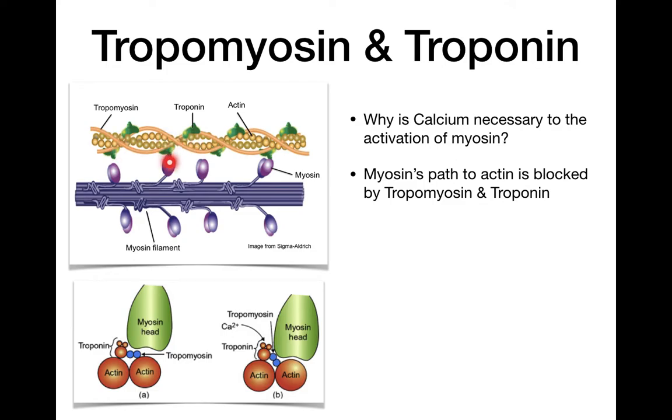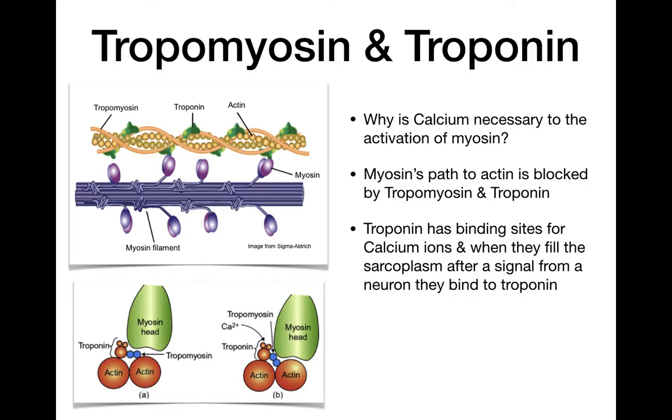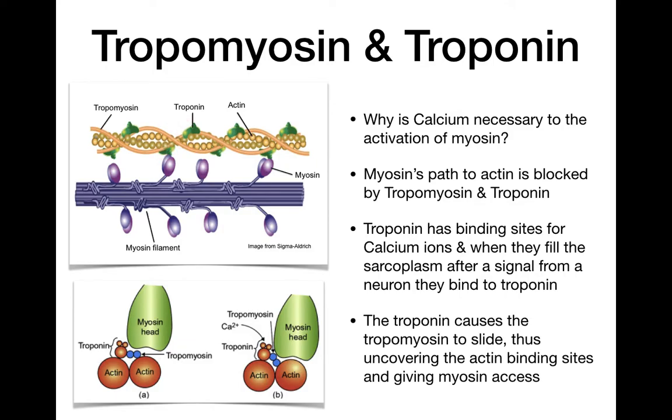It can't physically attach. So what happens is the troponin, these green ones, have binding sites for calcium. When calcium is released, it's going to bind with troponin and cause the whole thing to change its shape. And when it changes its shape, it's going to uncover the binding sites on actin. So myosin then binds to actin.